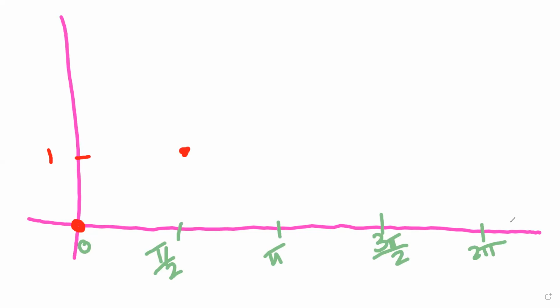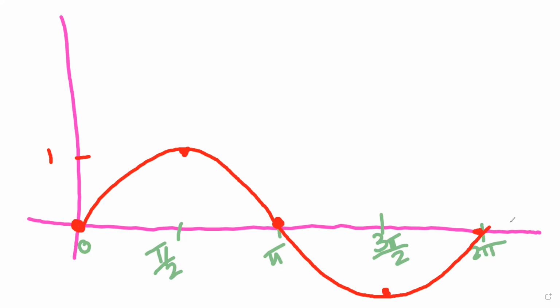The sine of pi is 0. This is from the table that I gave you last week. The sine of 3 pi over 2 is negative 1, and the sine of 2 pi is 0. When you connect the points, you will get this graph here. This graph is for sine of x.